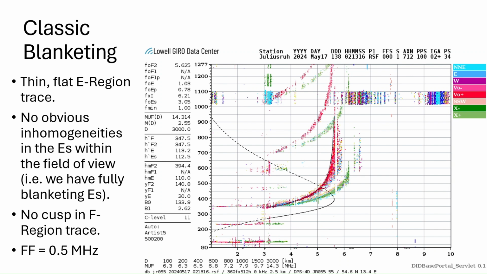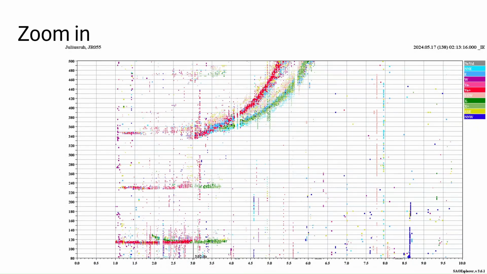Another thing to mention, I've started putting my FFs here. We have frequency spread in our F2 trace. I'm calling that about 0.5 megahertz worth. Can zoom in a bit, where you can see the end of our sporadic E around here.